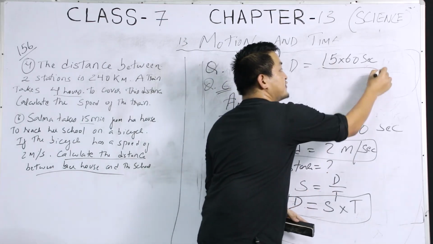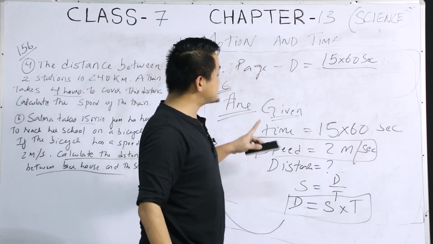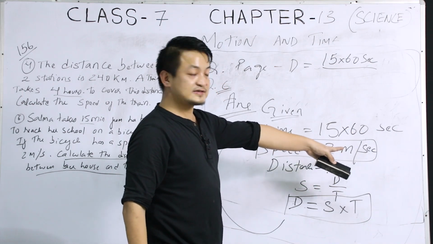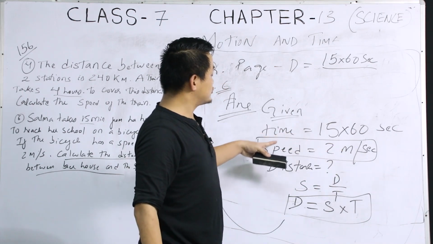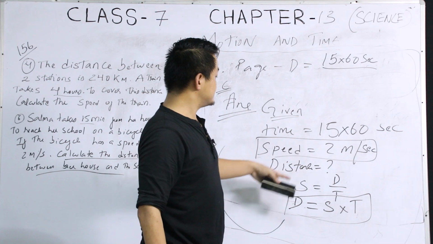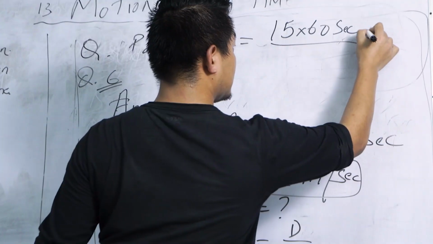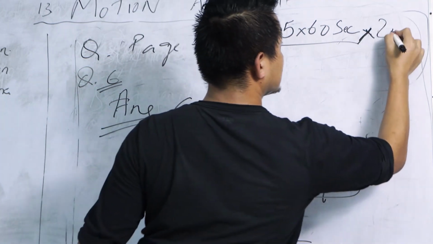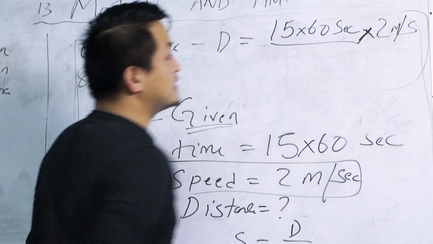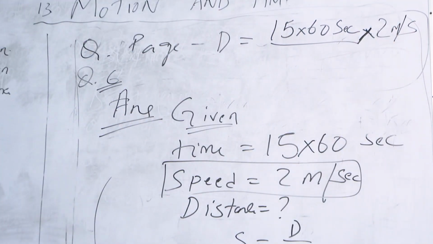This is the time, 15 into 60, and the speed is 2 meters per second. Clear? The speed is 2 meters per second. So clear? So we just have to multiply.